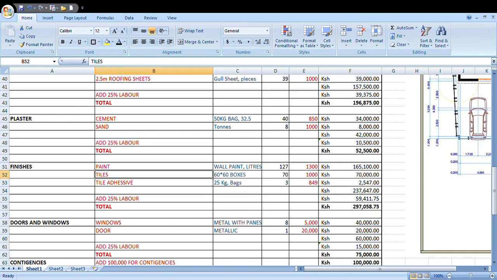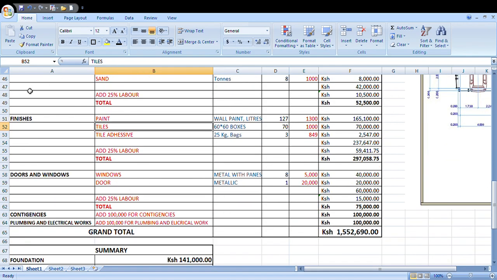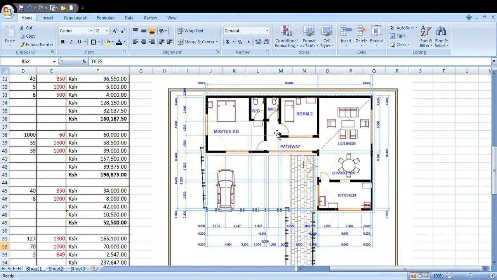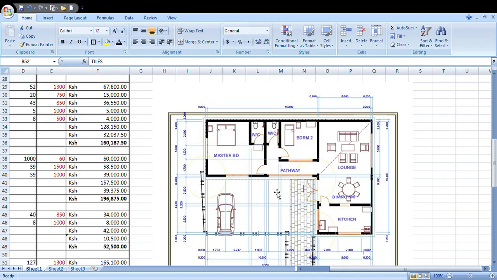297,058.70 Kenya shillings. Then I came to the doors and windows. For my windows I have 8 and door 1. As you can see, I have one main door, but I have 8 windows: 1, 2, 3, 4, 5, 6, 7, and I have to place 2 here to make 8.